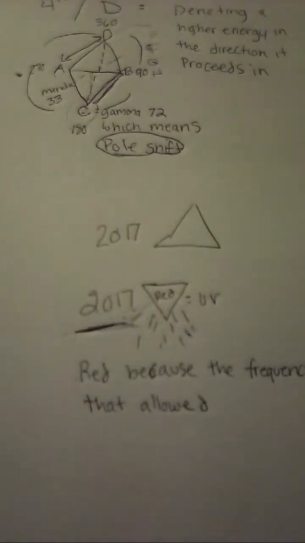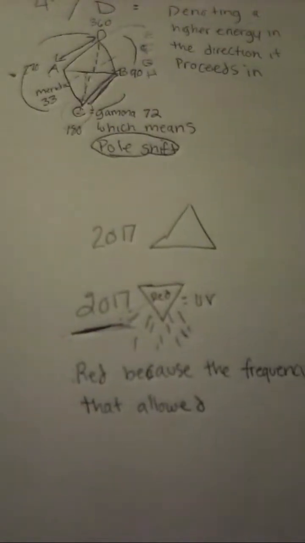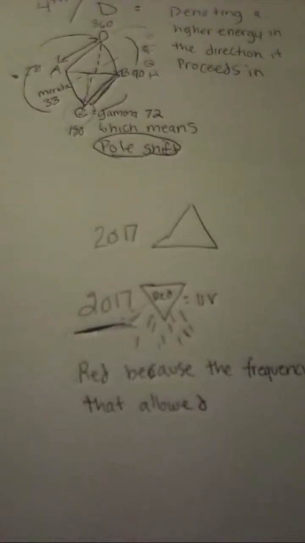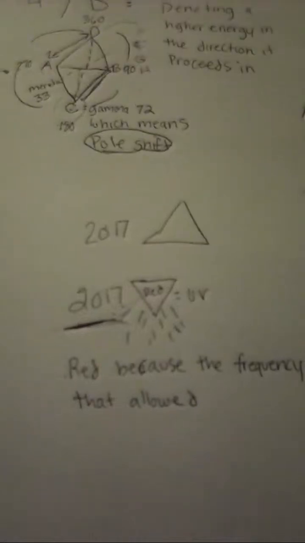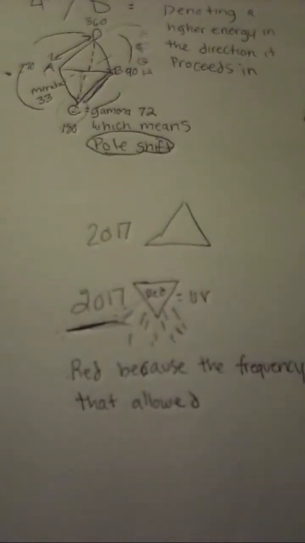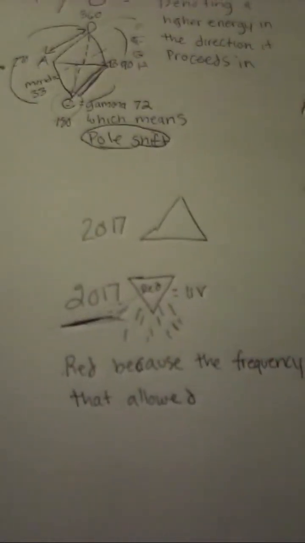So now that it's more depleted, it's going to be a higher frequency, which creates the green light, because green is a higher frequency than red, right? We're talking about spectrums of light.